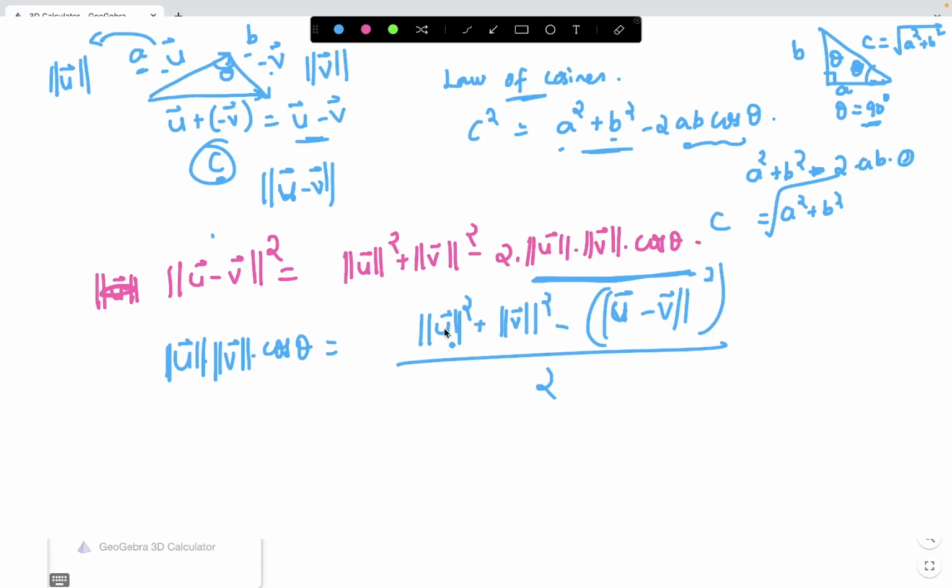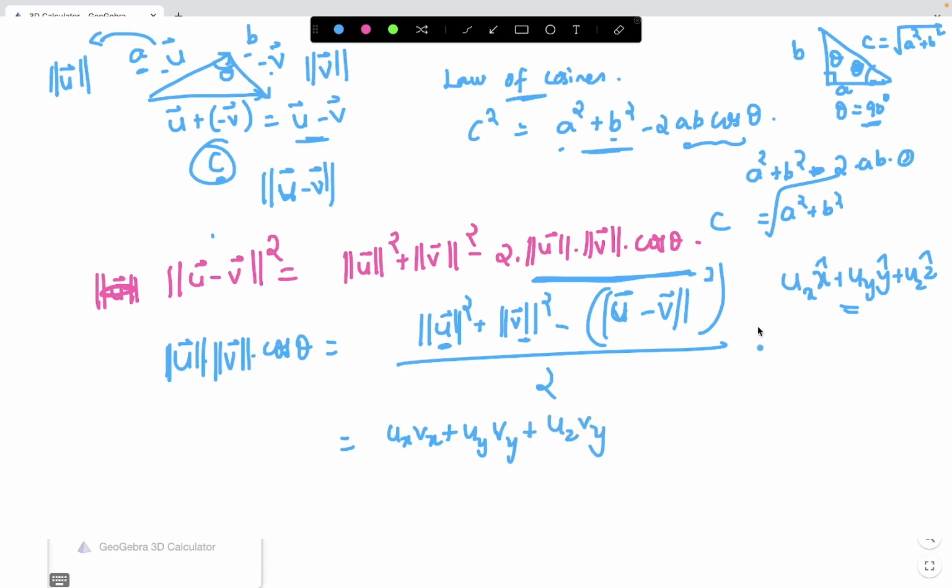Let's substitute whatever component form equations you have for u and v. The component form would be ux x hat plus uy y hat plus uz z hat for vector u, and for vector v it should be vx x hat plus vy y hat plus vz z hat. When you substitute all these equations for u and v respectively, obviously this is going to converge to our expression ux vx plus uy vy plus uz vz.